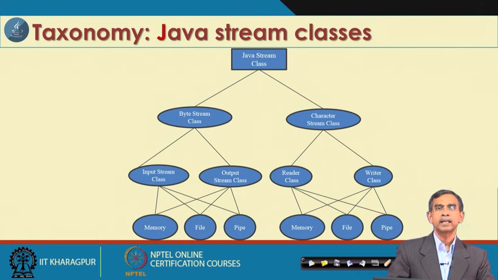For the character stream classes, again there are two categories, reader classes and writer classes. There are many classes, and essentially all of them deal with different sources of input as well as output, like memory, file, and pipe. Pipe is basically related to the network channel.